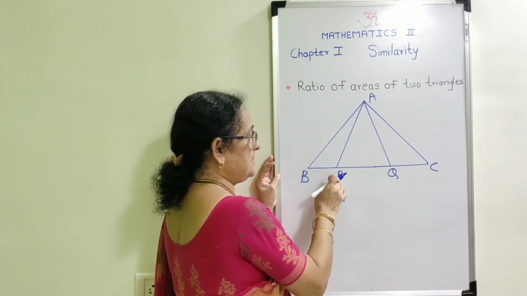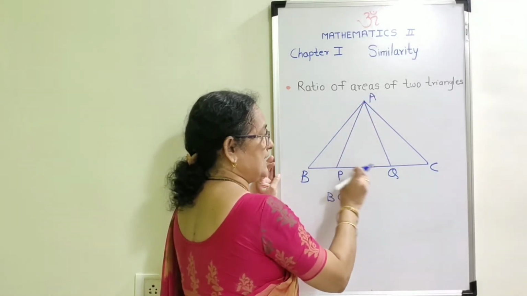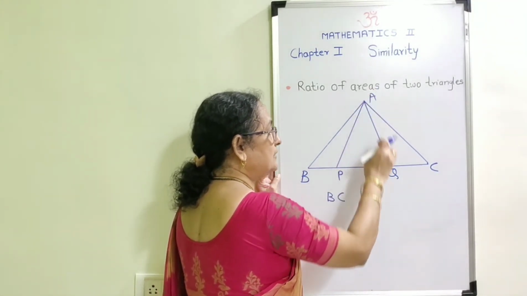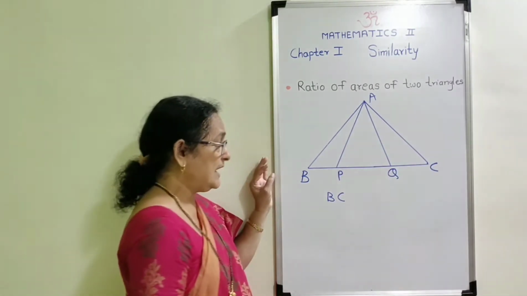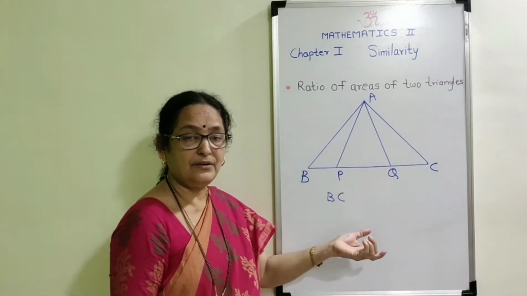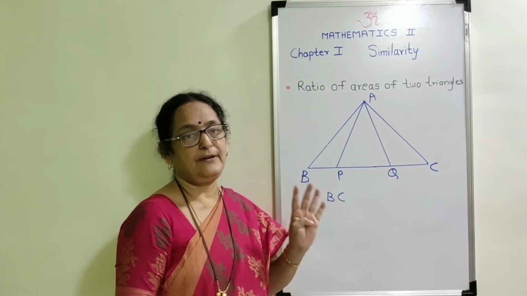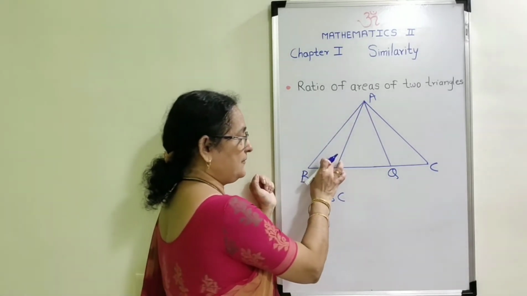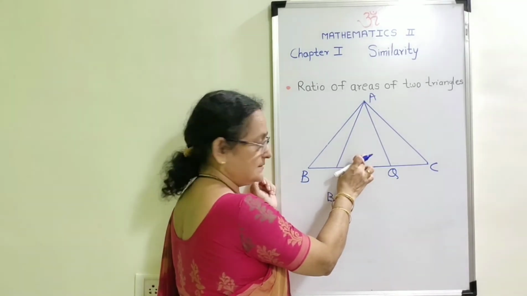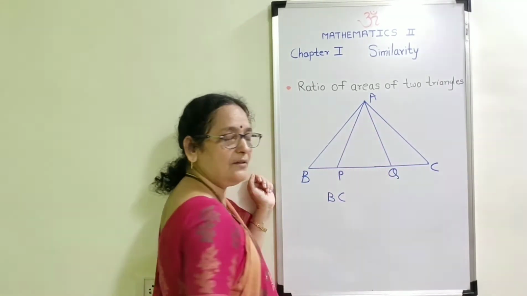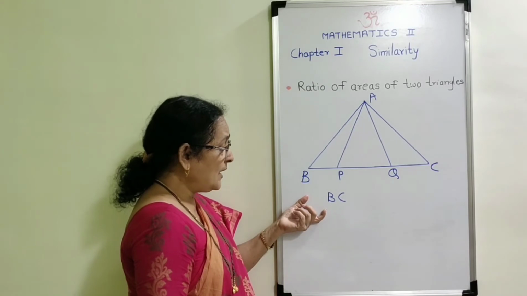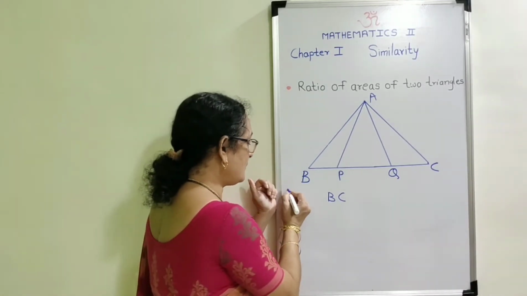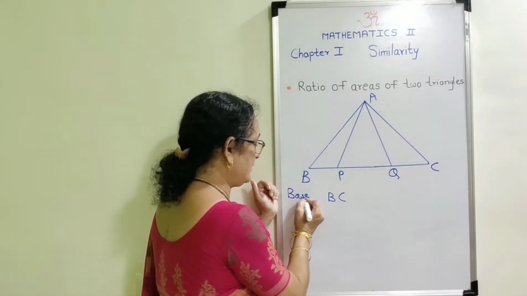First one is ABP, second one is APQ and third one is AQC. That means in this entire figure there are 4 different triangles. The bigger one is ABC, this is the second one, this one is the third one and this is the fourth one.